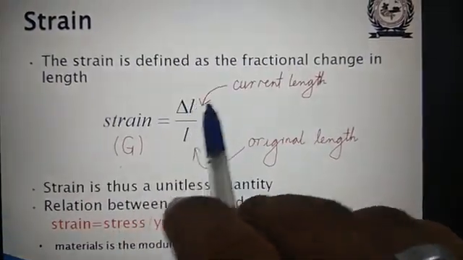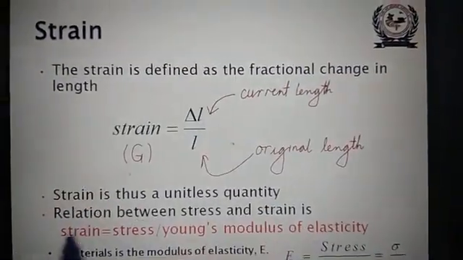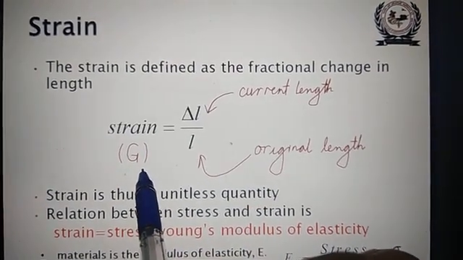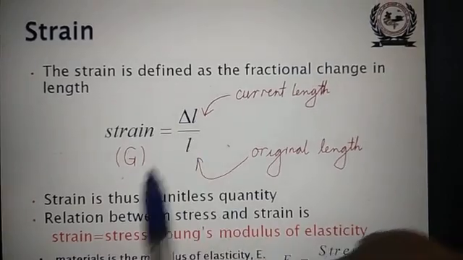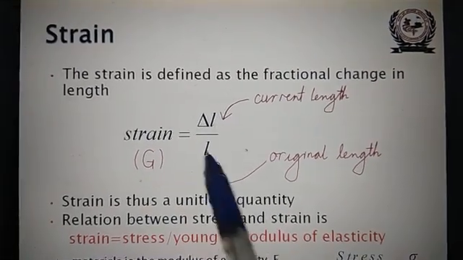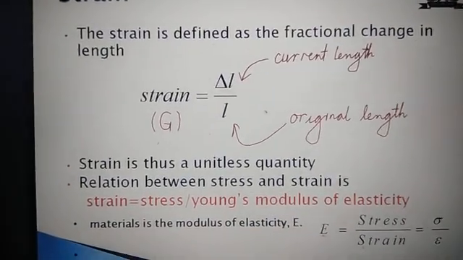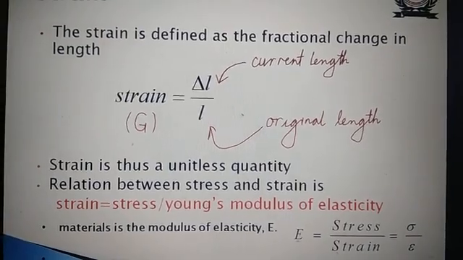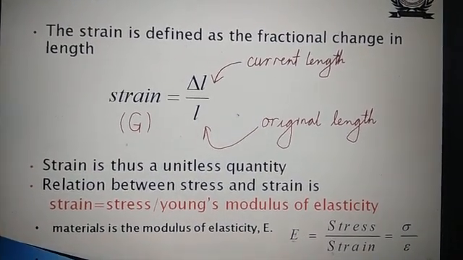The strain is defined as the fractional change in length. That is, strain, either you can write epsilon or G here, is equal to delta L upon L. Delta L is the change in length and L is the original length. Strain is thus a unitless quantity.